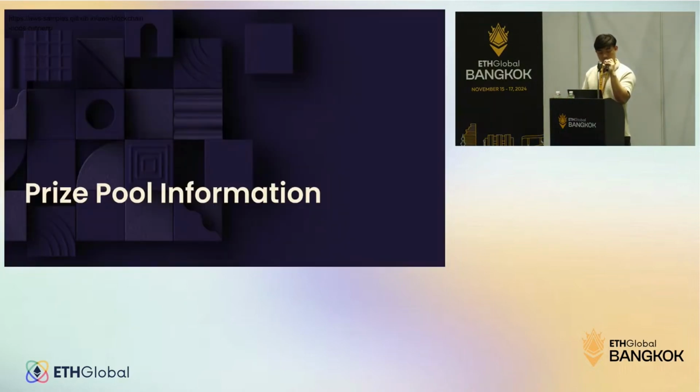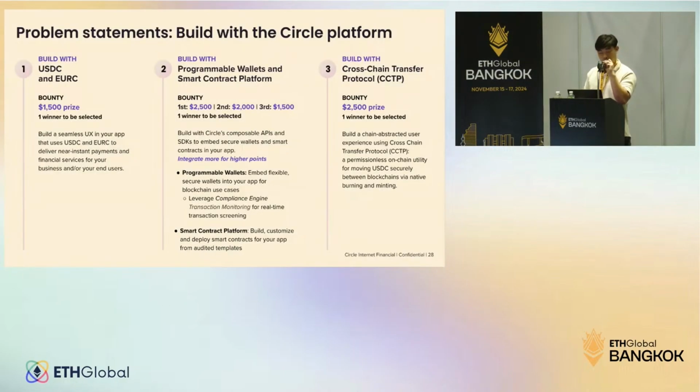So this part is the prize pool information. We are sponsoring $10,000 in USDC and EURC. Of course, just implementing USDC and EURC would make you eligible for the prize, but we want to see innovative use cases that use both USDC and EURC, because we only have one bounty.